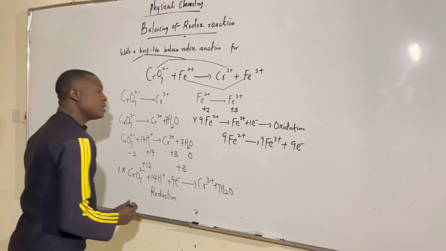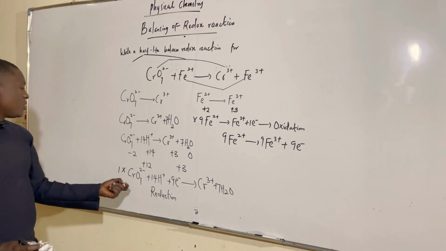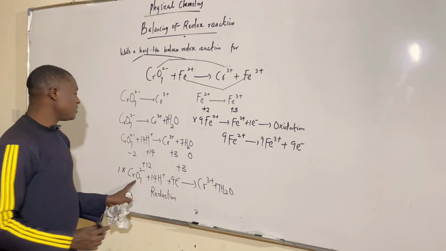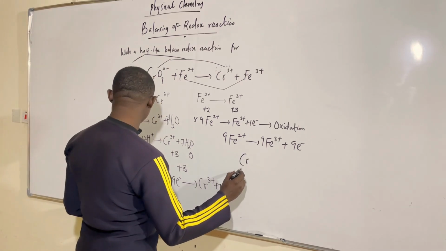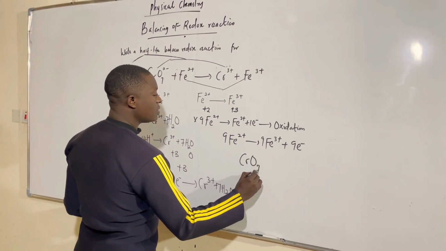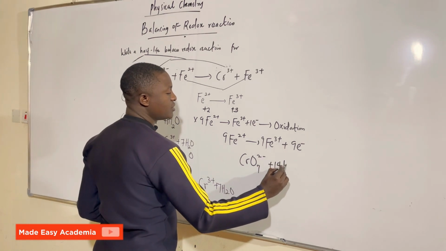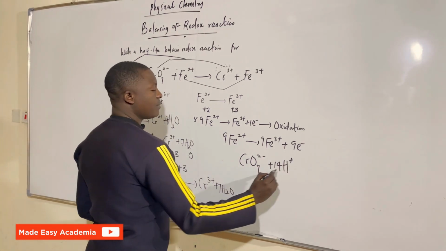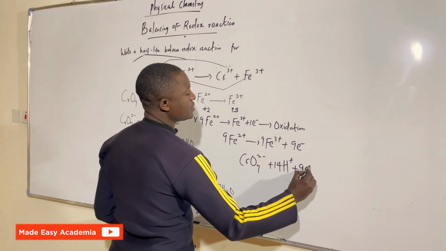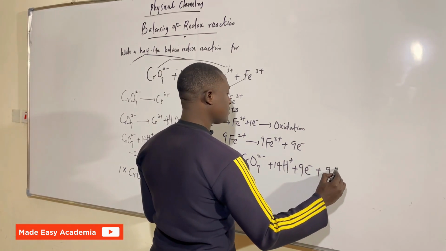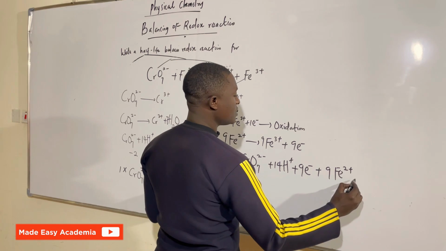So now the next step is to add them together: the ones we have at the reactant and the ones we have at the product. So these are the ones at the reactant: Cr2O7 2 minus plus 14 hydrogen plus plus 9 electron minus plus 9 iron 2 plus.